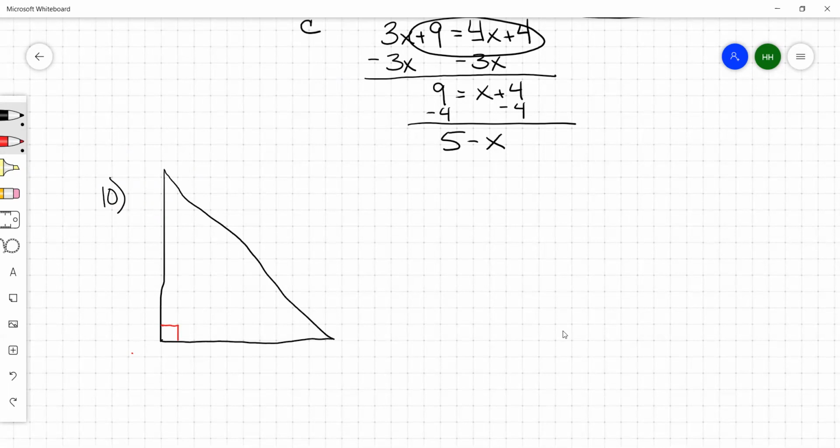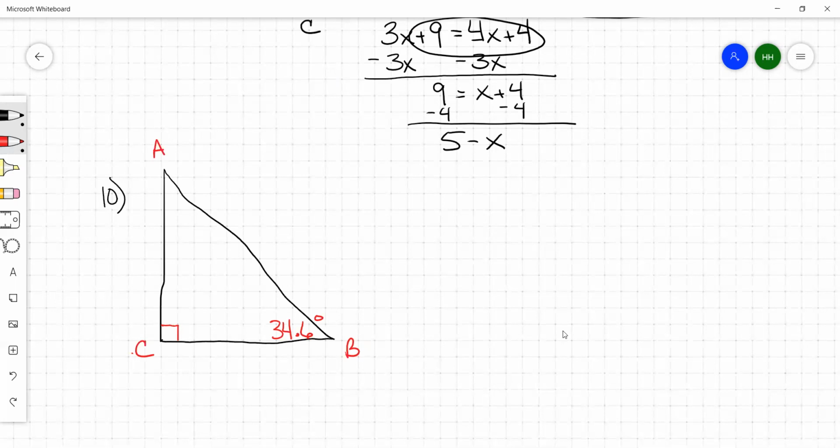So these other angles, this is A, B, and C. Angle A and angle B are the acute angles of a right triangle. Agreed? One of them measures 34.6 degrees. What do all three of these need to add up to?